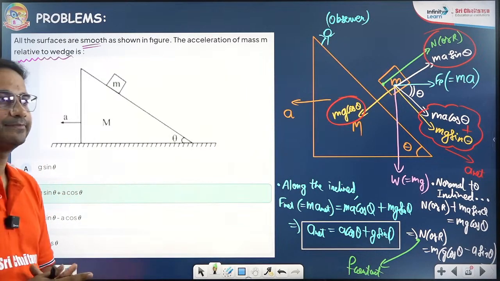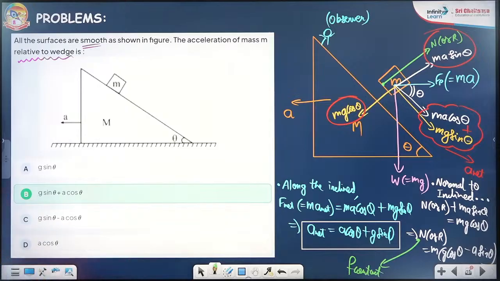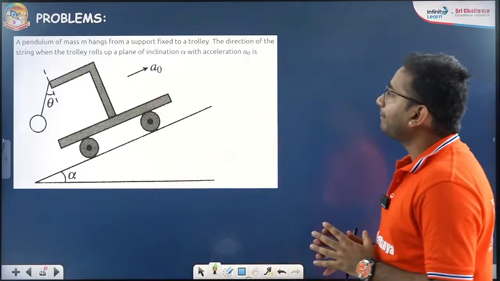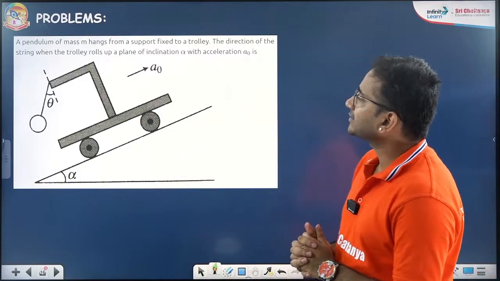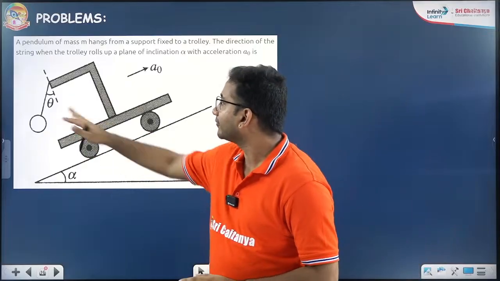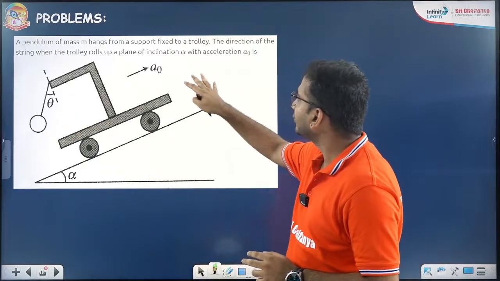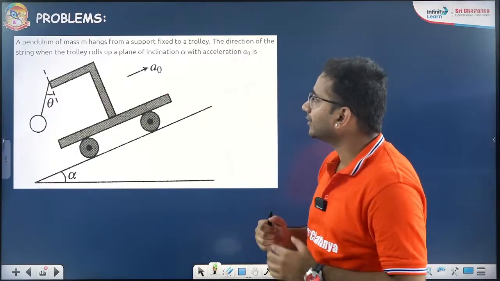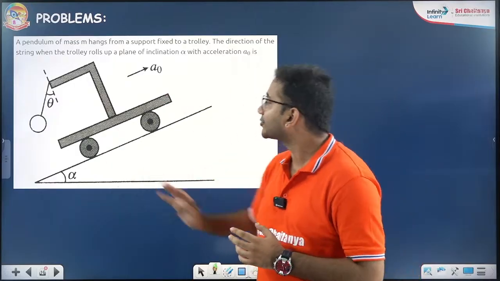All right. Easy. Okay. Let me talk about the last model for today. That is also in front of you. A pendulum of mass m hangs from a support fixed to a trolley. The direction of the string when the trolley rolls up an inclination, angle of inclination alpha.